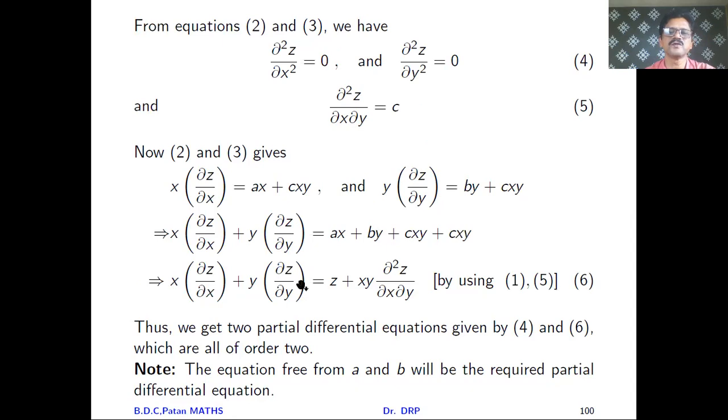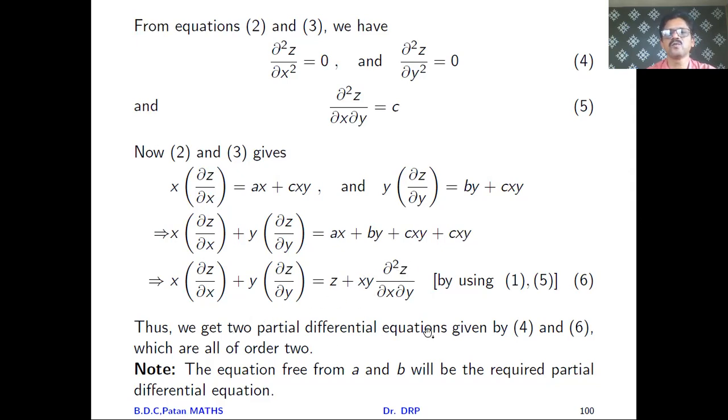If you observe here, this is a partial differential equation which we have obtained by eliminating the arbitrary constants a, b, and c. So what is the order of this equation? Order is 2. Means if the total number of arbitrary constants is greater than the total number of independent variables involved in the given partial differential equation, then it gives a higher order partial differential equation.